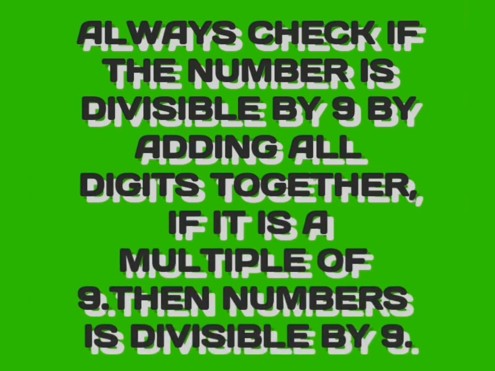Now, in summary, always check if the number is divisible by 9 by adding all digits together. If it's a multiple of 9, then the number is said to be divisible by 9. But if it's not a multiple of 9, maybe you have, for instance, 17, or you have 11. These are not multiples of what? 9. So that's just it.